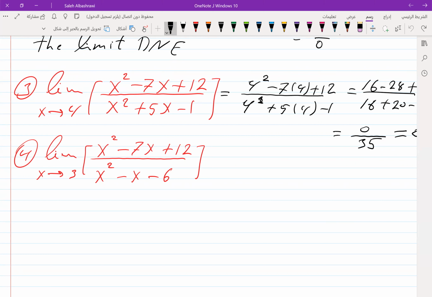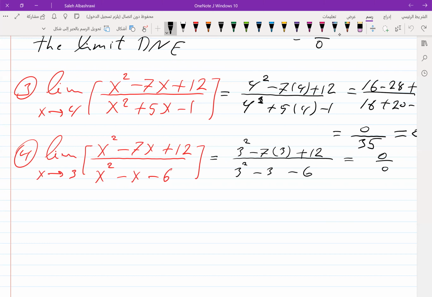So let's try to substitute first. I will have 3 to power 2 minus 7 multiplied by 3 plus 12 up, down, 3 to power 2, which is 9, minus 3 minus 6. Now, this will give me 0 over 0.